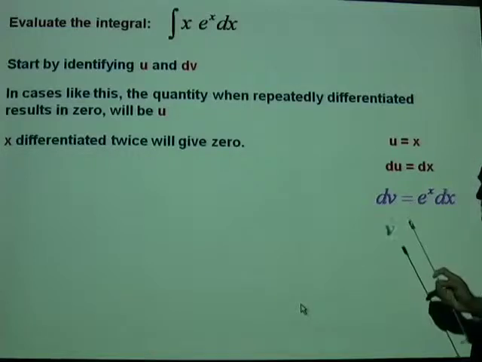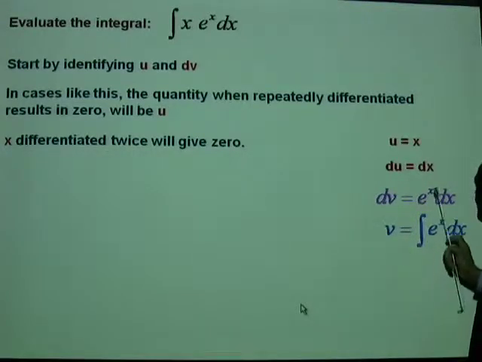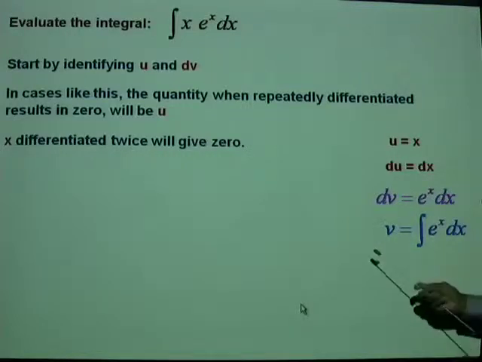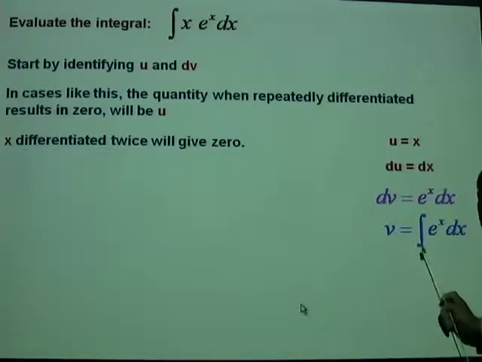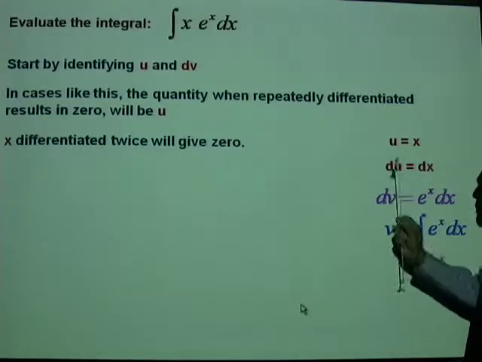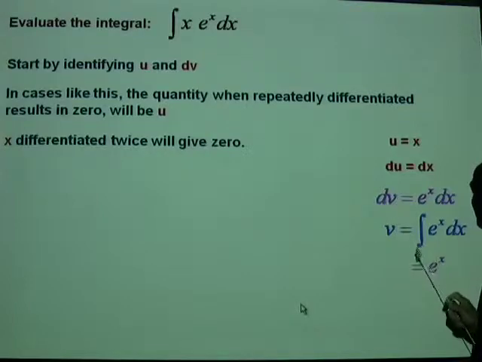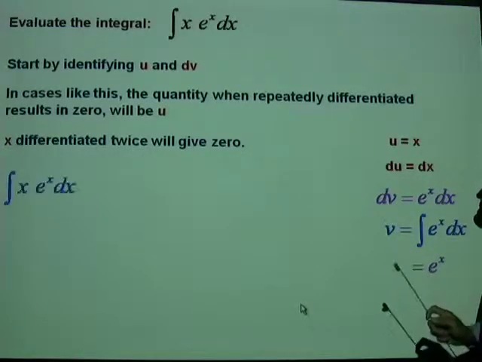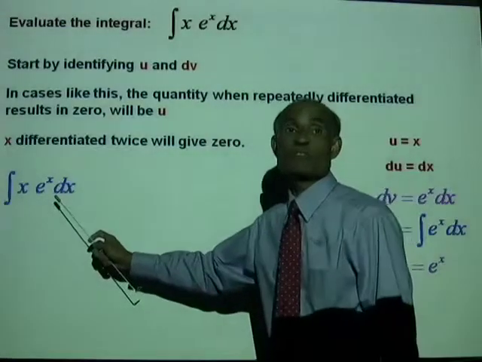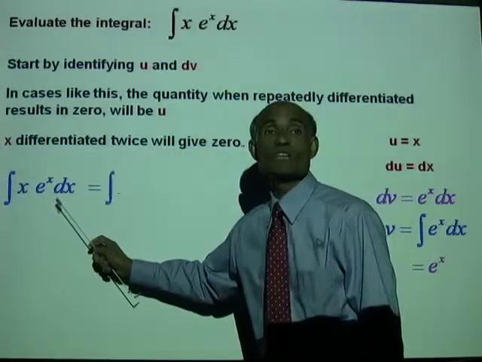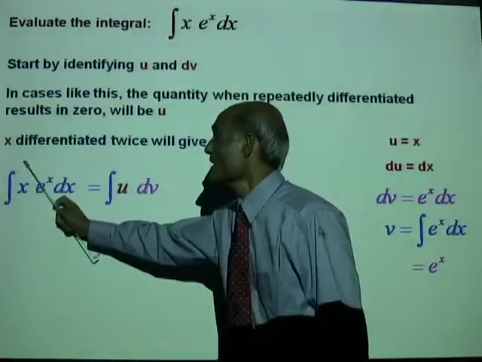Integrate both sides of this. We get v equals the integral of e to the power of x dx, and the integral of e to the power of x dx is e to the power of x. So we have u, du, dv, and v.